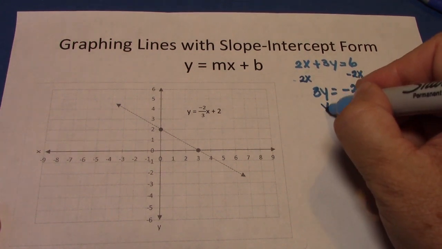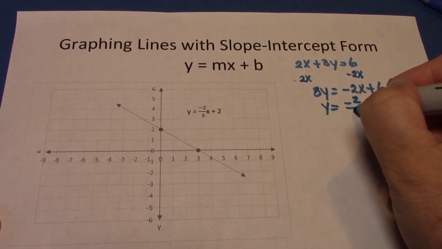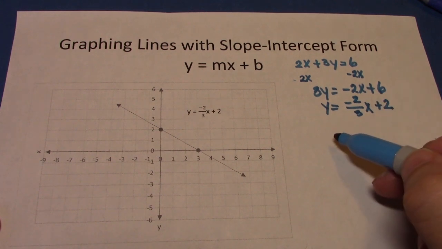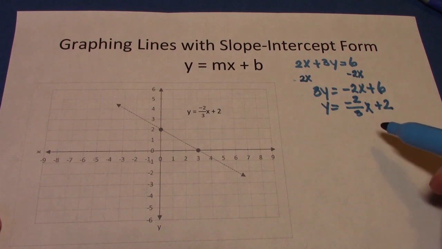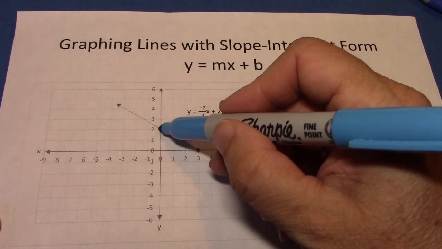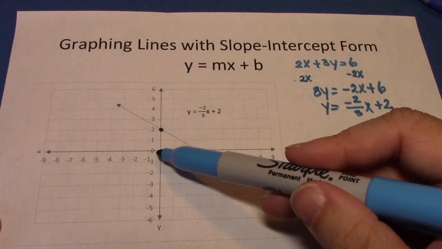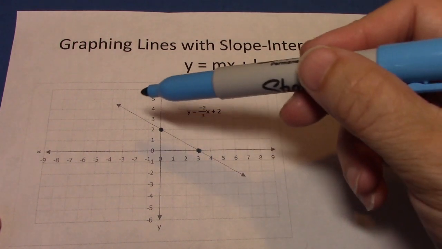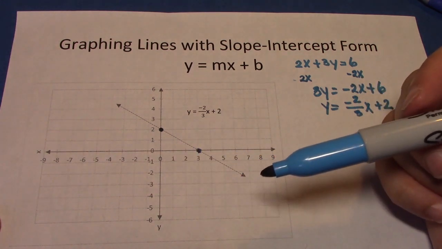And then we'll divide each side by 3. Remember, we have to divide both terms by 3. And we get y equals -2/3 x plus 2. That's what's graphed here. If you just find the y-intercept of 2, that's here, and then you go down 2 over 3, there's another point, and connect the dots, there's the line.